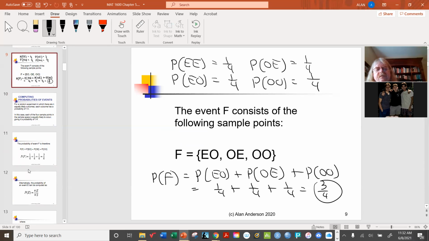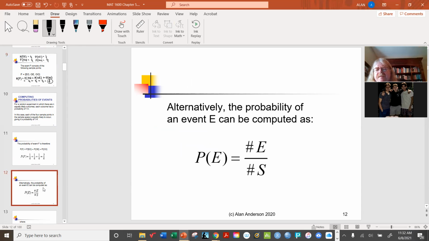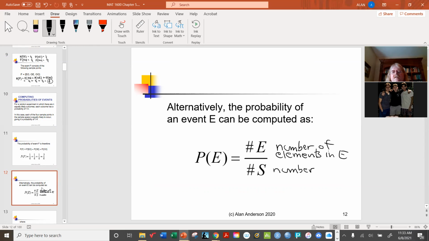So what we're going to do is, for any event E where the outcomes are equally likely, we'll show that we can calculate the probability of E by counting the number of elements in E and dividing by the number of elements in the sample space.